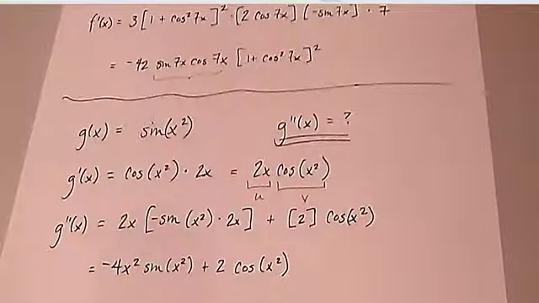If the original function is position and a derivative is a rate of change, the first derivative is a rate of change of position with respect to time. Velocity. What is the change of velocity with respect to time? It's acceleration, okay? So it's a rate of change of a rate of change. So the second derivative, if you want to put it in terms of particle motion or some sort of physics scenario, is acceleration, whereas the first derivative is velocity.